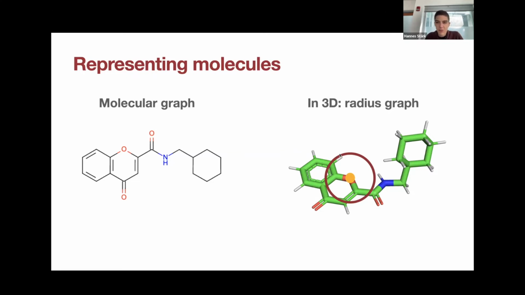And this way we build our graph, right? And then the edges of this graph can be associated with the distances between the atoms. Yeah, and this way we have two options to represent molecules.